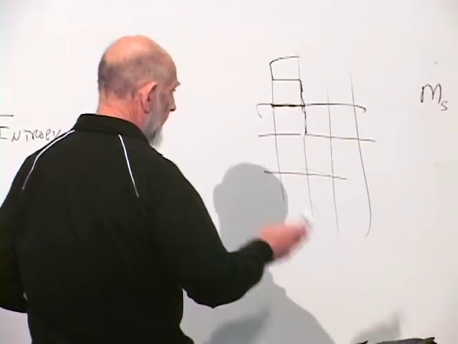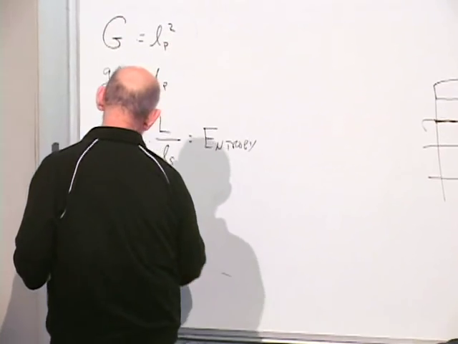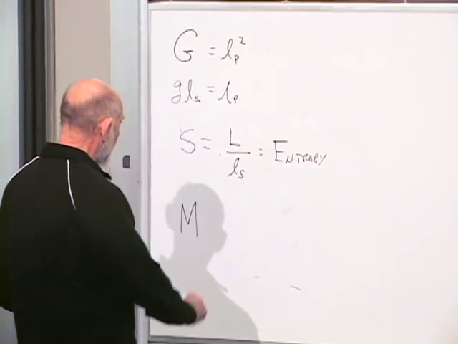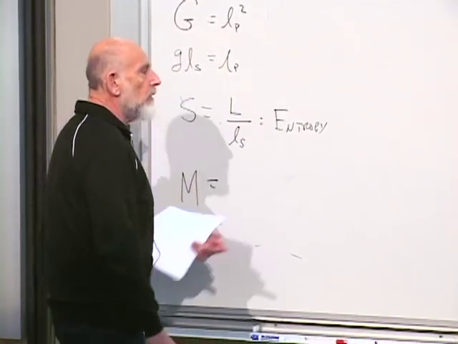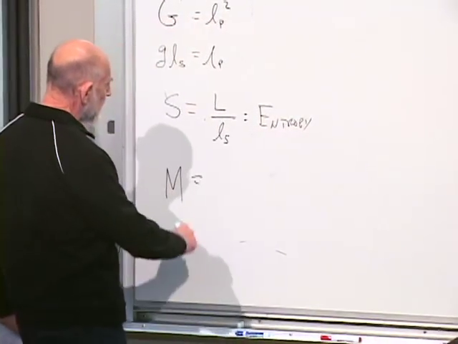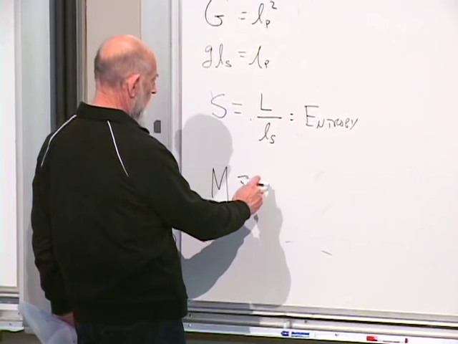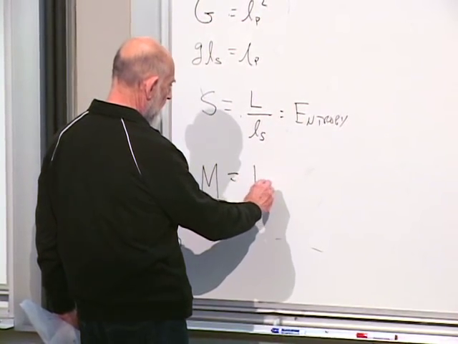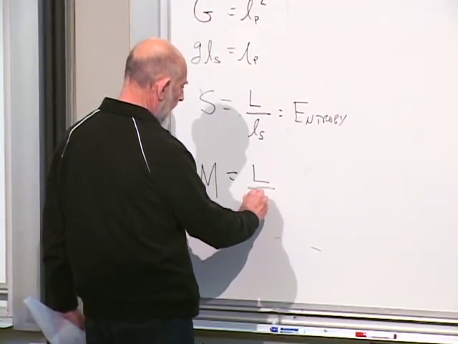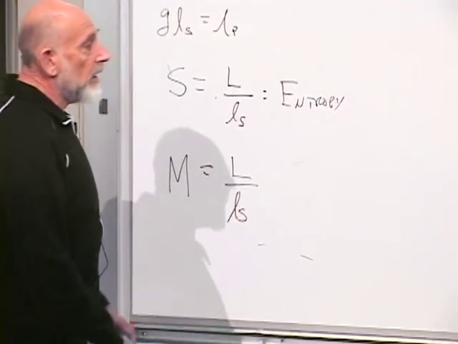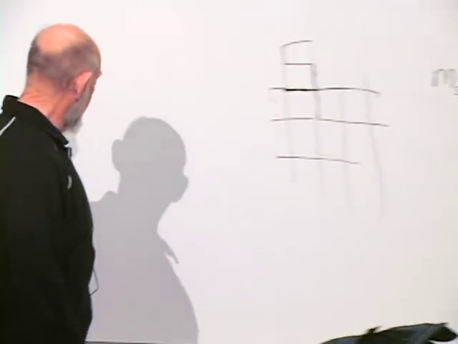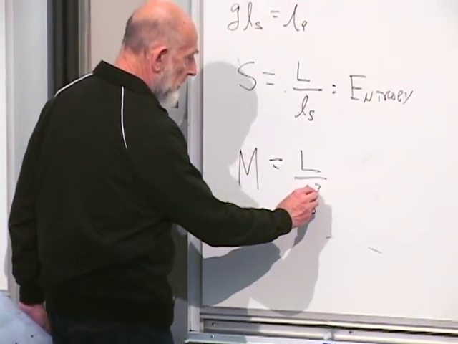And now we can write down the answer. The total mass of the string, big M, stands for the whole thing, and is equal to the number of little segments times the mass of each little segment. The number of little segments is L divided by L string, and that gives us another L string downstairs.